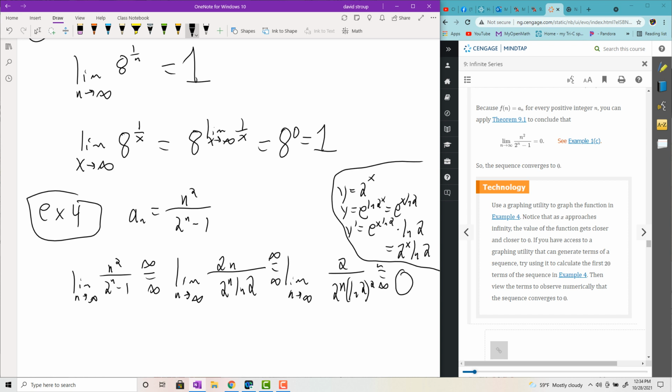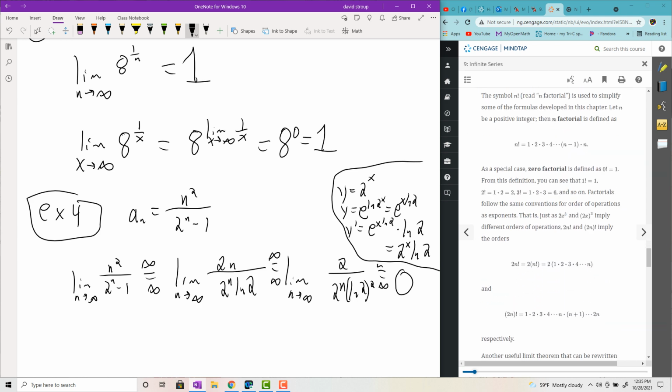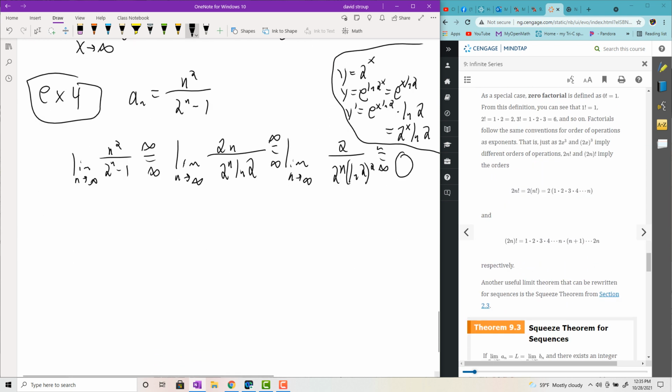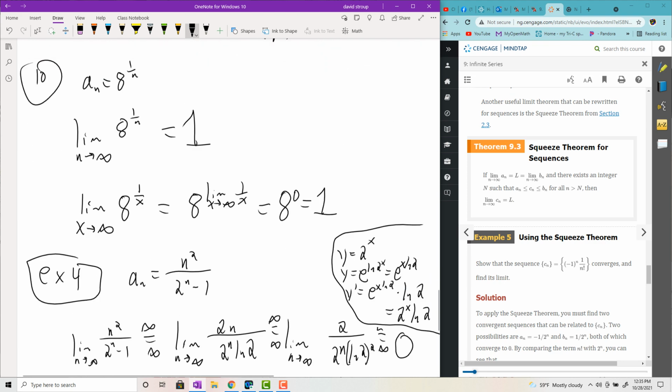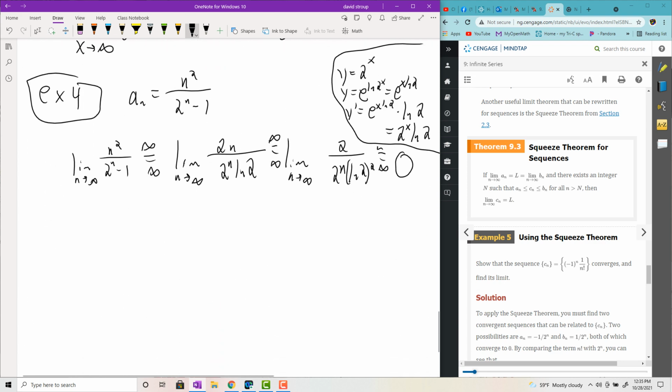And one more point, whenever this thing actually goes somewhere, we say it's convergent. If it doesn't equal something, so if it goes to infinity or if it's oscillating, we'll say that the sequence is divergent.